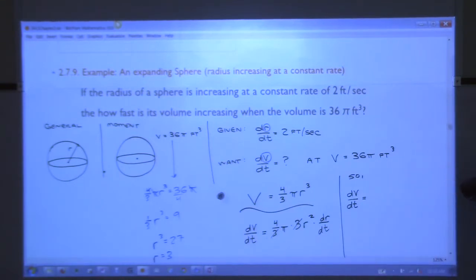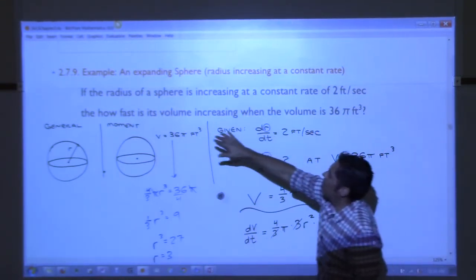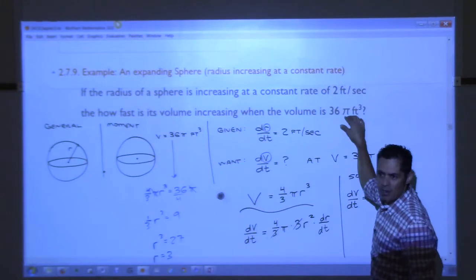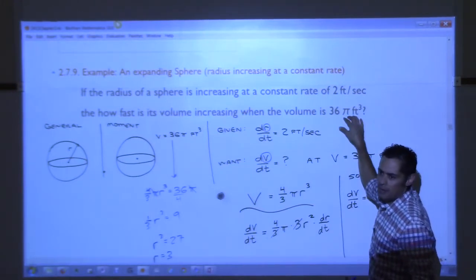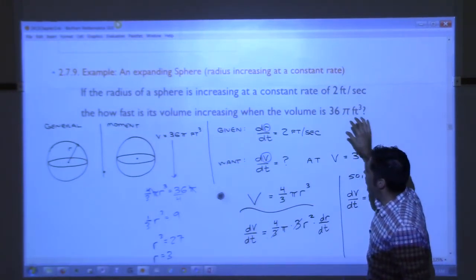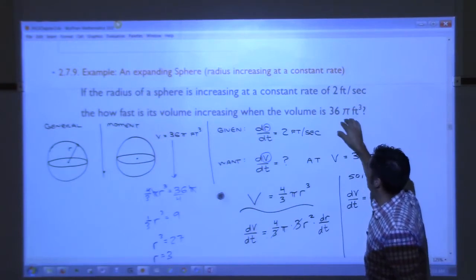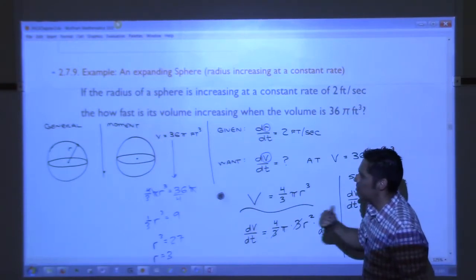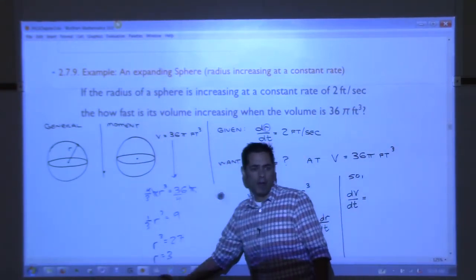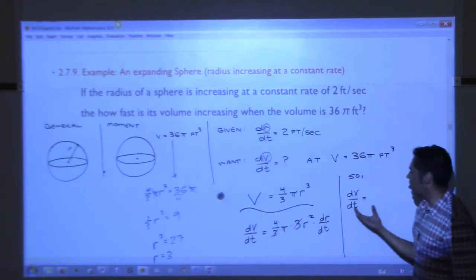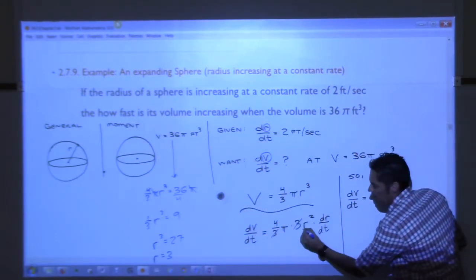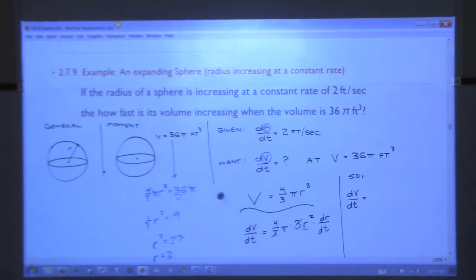It would have been nice if it said, how fast is the volume increasing when the radius is 3? But that's not the way it was given. It wanted to know at exactly a moment when the volume was a certain volume, so we had to go back and recover the radius. And then we can come back over here and put that in for that r.